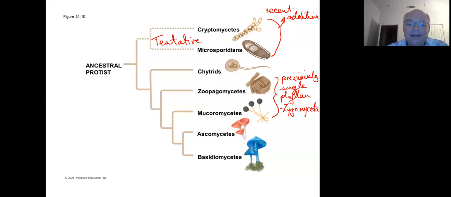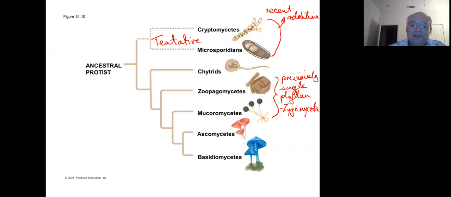So the consensus right now is that zygomycota is no longer valid, that these two clades of fungi really do exist on the basis of DNA analysis. And so we now have these two new clades.